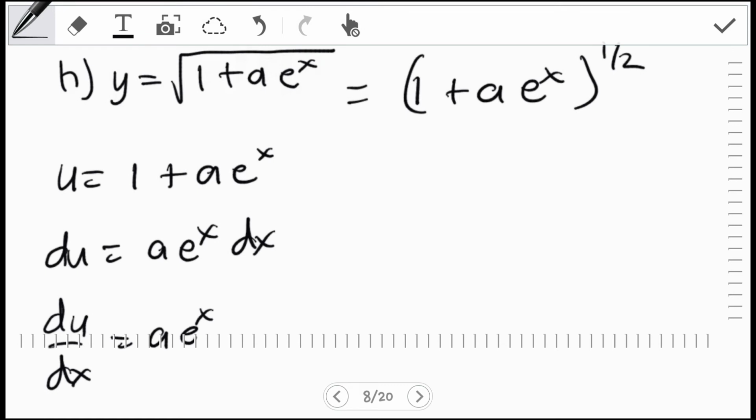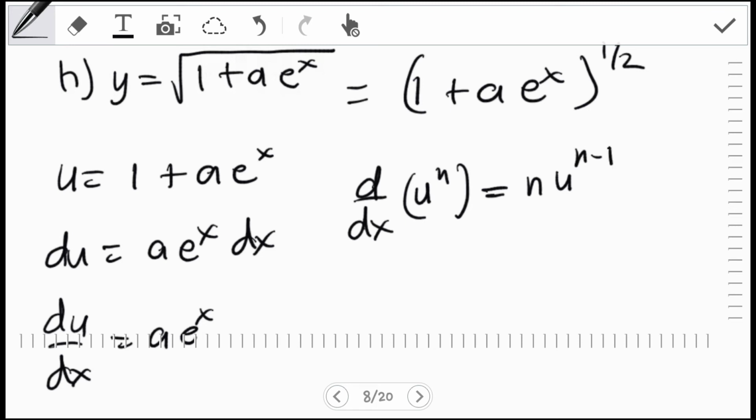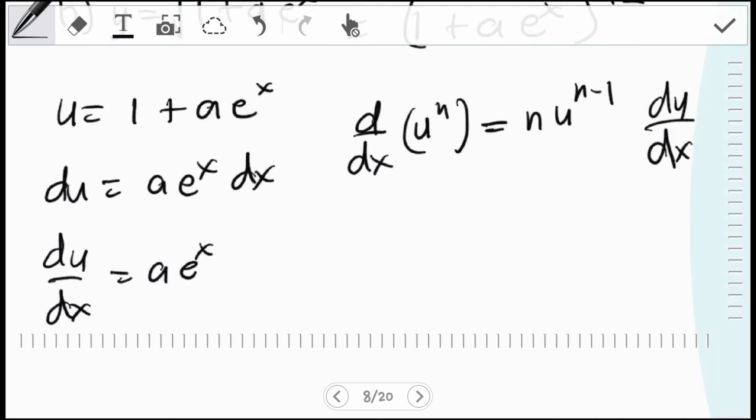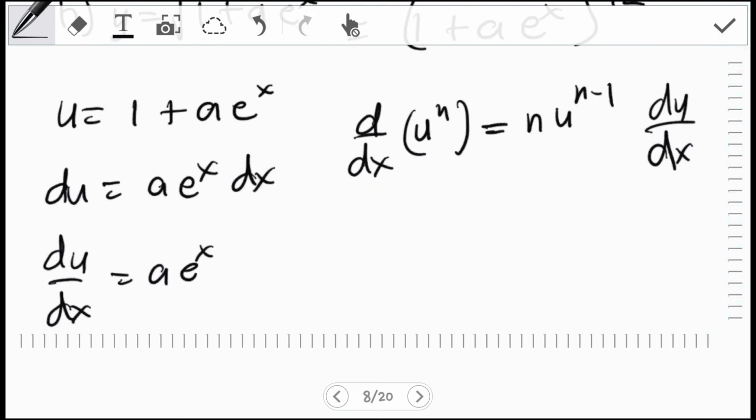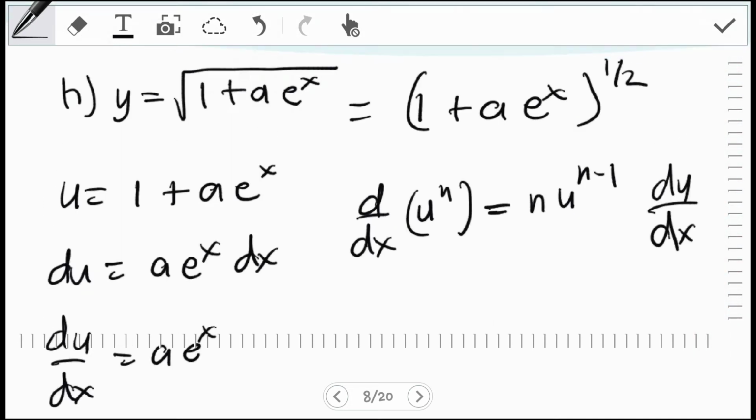So again, the power rule formula, that is d over dx, u to the power n is equals to n u to the power n minus 1 du over dx. Okay? So therefore, n here is 1/2. Okay?